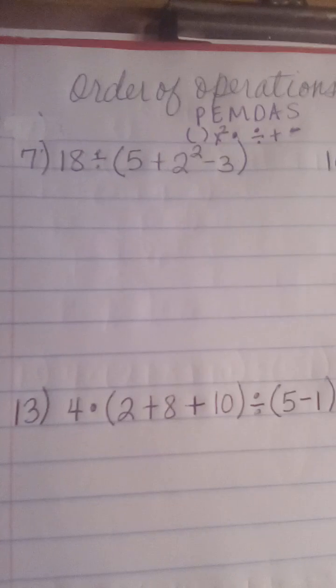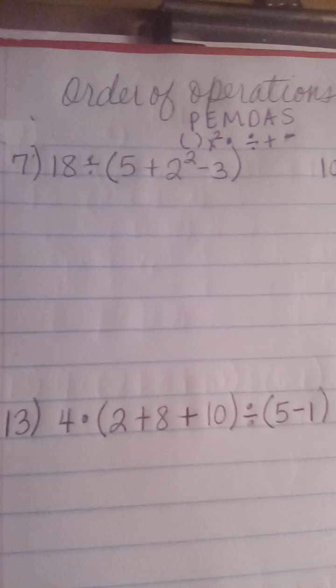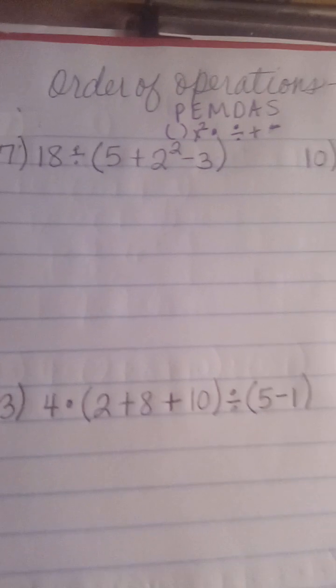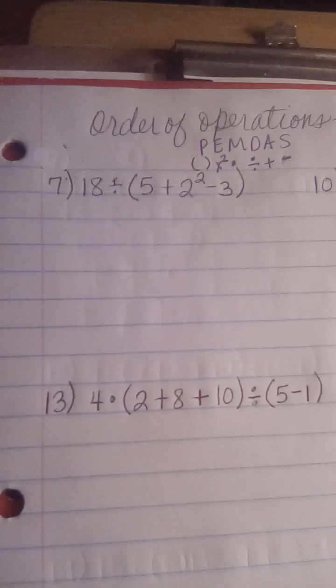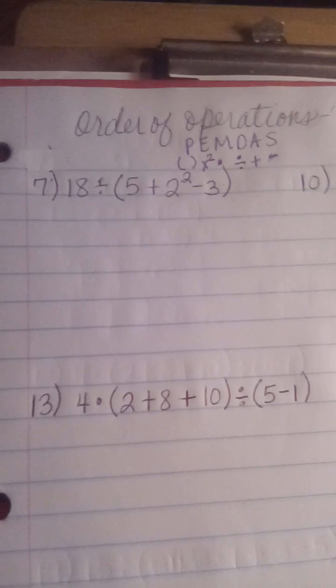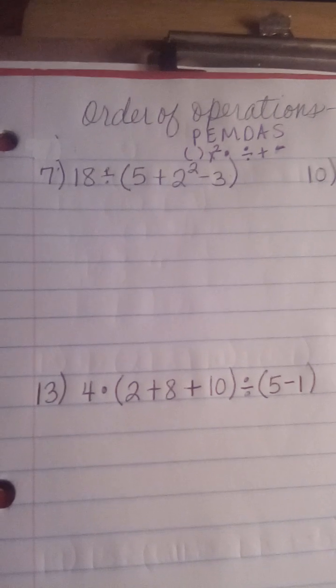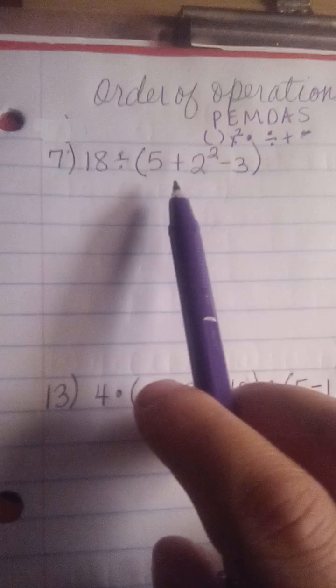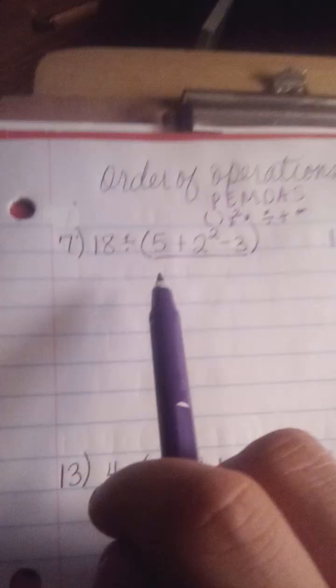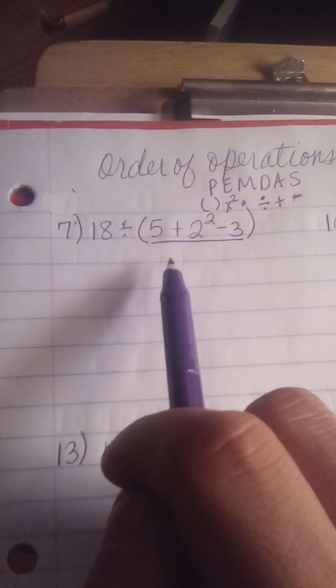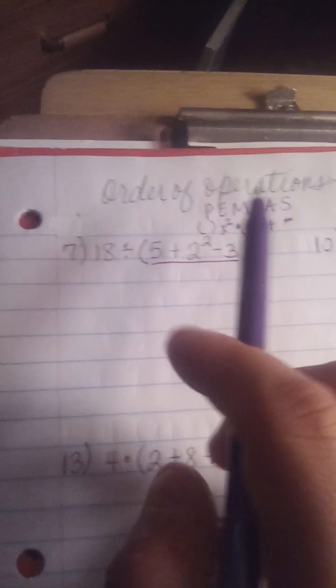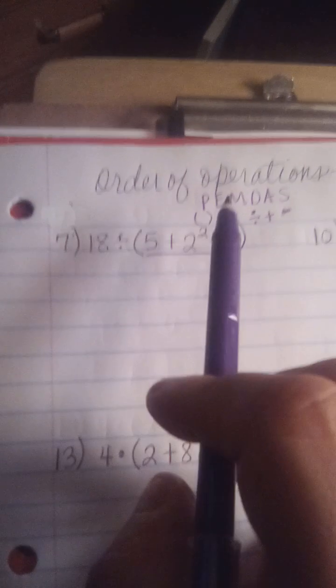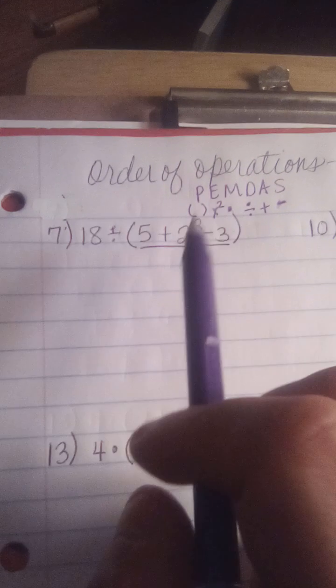We have 18 divided by, inside the parentheses, 5 plus 2 squared minus 3. Our first question: are there any parentheses? Yes, we're looking at this set. So I'm going to highlight it, I'm going to do an underline. Second, are there any exponents?